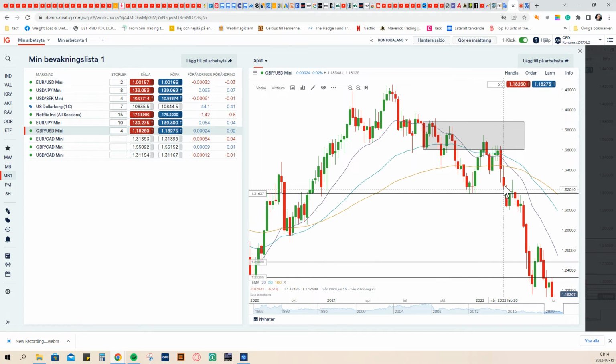So this is the signal bar. This is a very beautiful bearish candlestick bar with no wicks on the downside. There's no demand here. The sellers are super strong. The supply is strong.